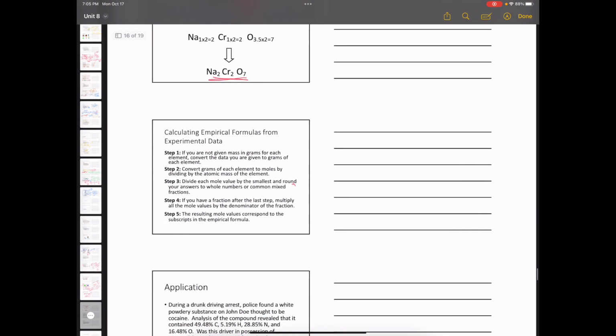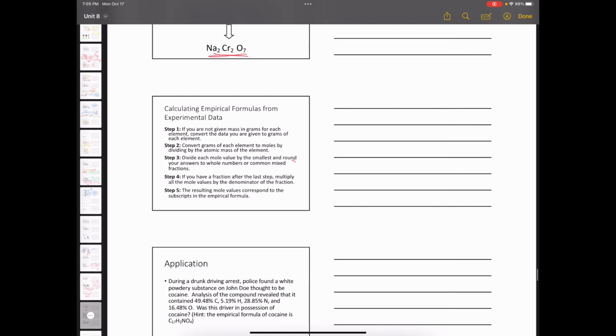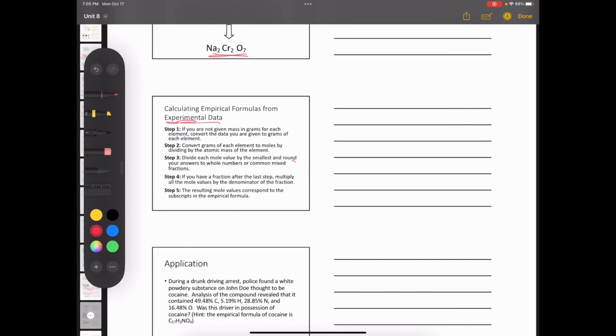Okay. All right, let's summarize everything one more time: how to calculate the empirical formula from experimental data. First, if you're not given a mass, and I'm giving you ratios, you'll have to convert the ratio into grams by assuming that you have 100 grams. Then you convert the grams of each element to moles by dividing by the atomic mass of the element from the periodic table.